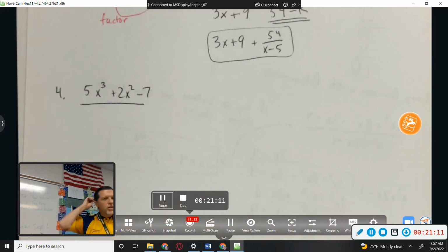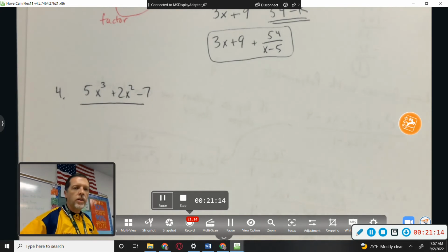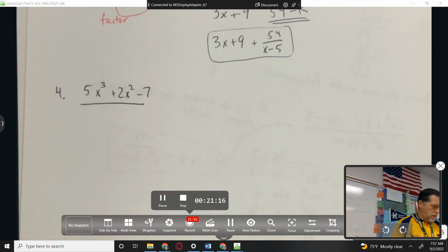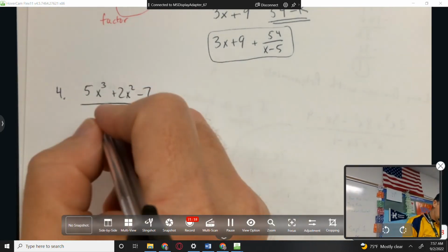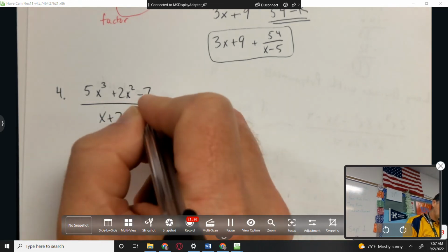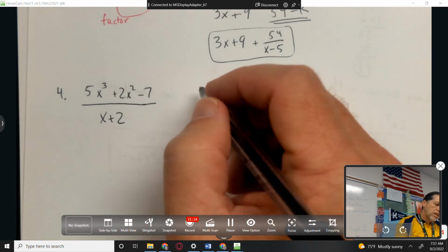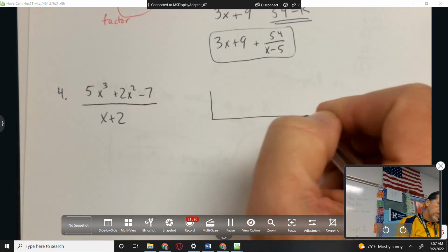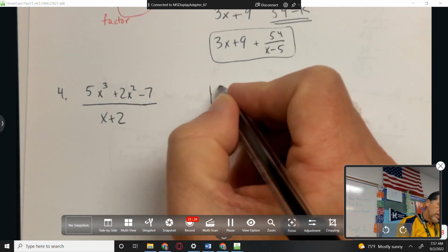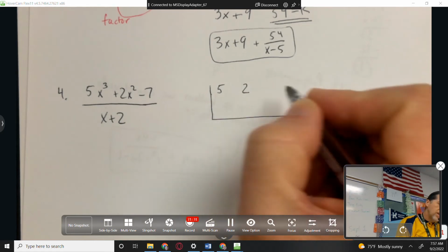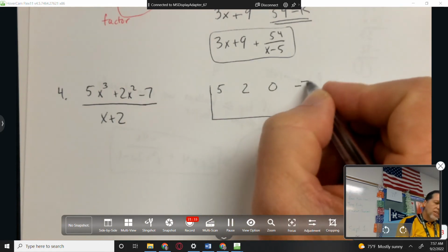Five x cubed plus 2x squared minus 7 divided by x plus 2. So what are our coefficients that go in the box here? 5, 2, 0, and negative 7. Very nice.